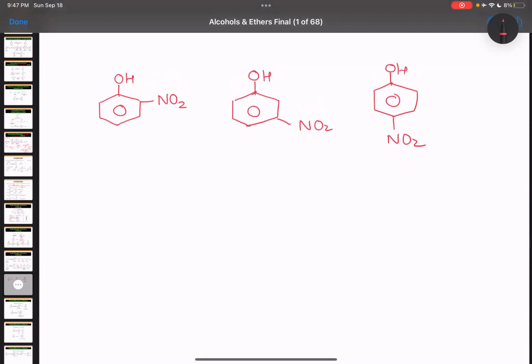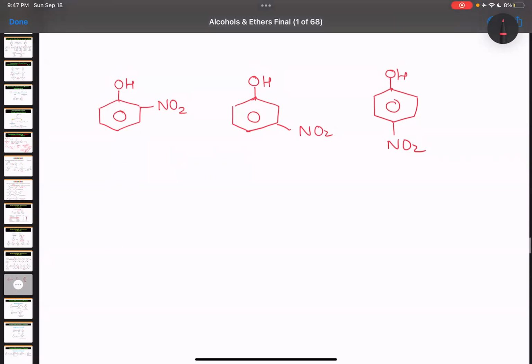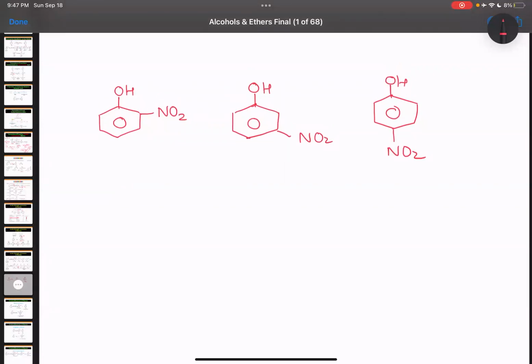So what's the increasing order of acidic strength? So the para-nitrophenol is the most acidic, and this meta-nitrophenol is the least. So this is the order of acidic strength.